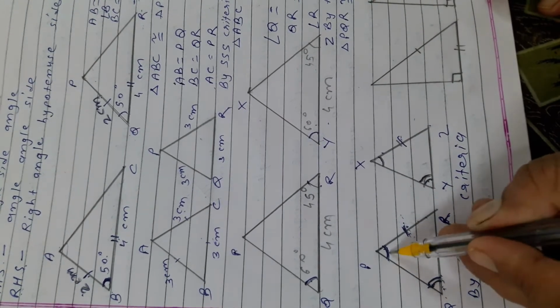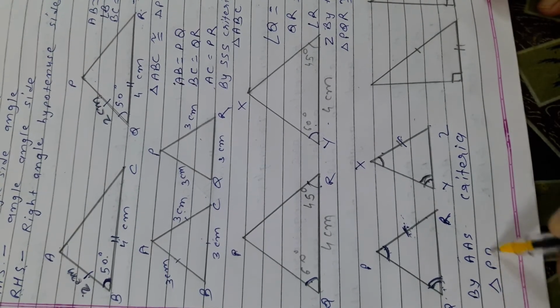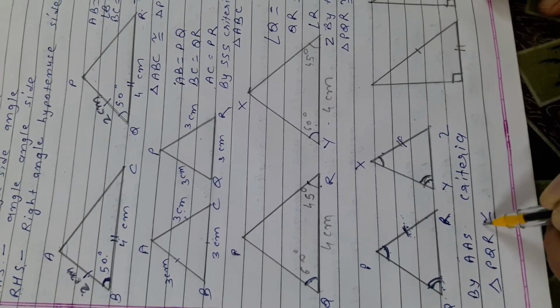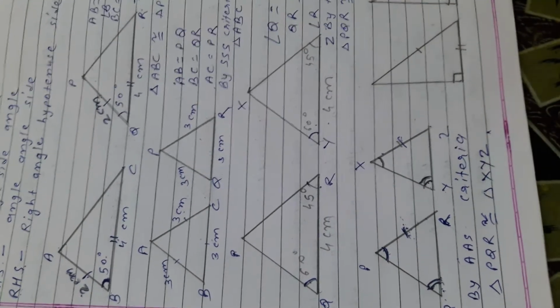So by AAS criteria, triangle PQR is congruent to triangle XYZ.